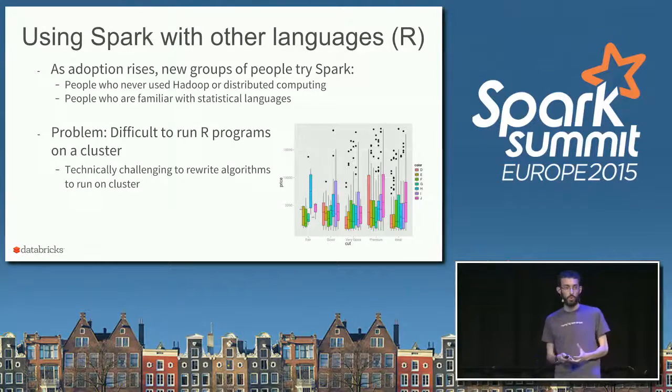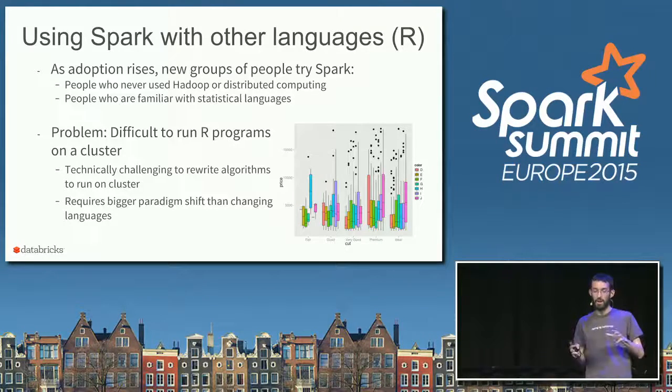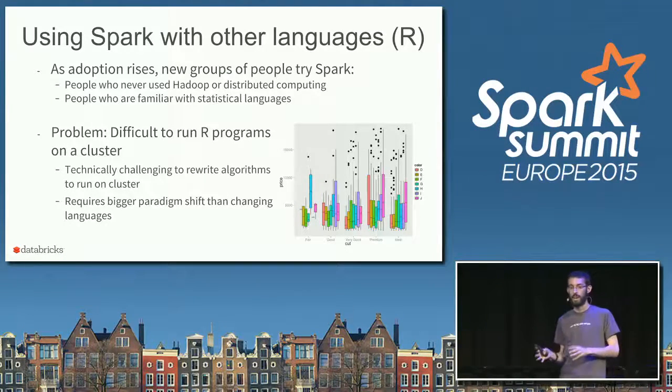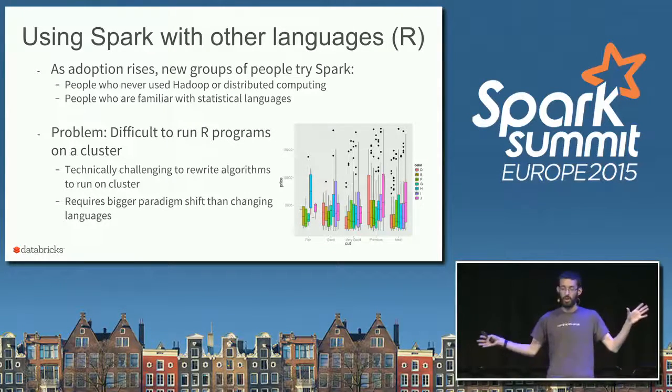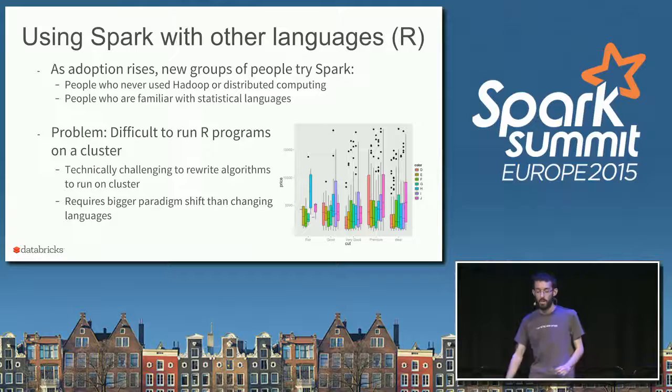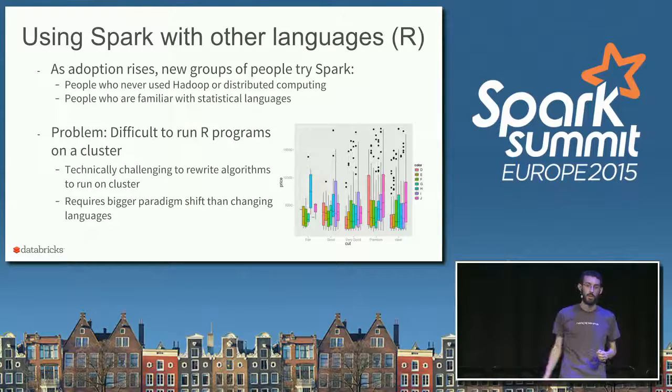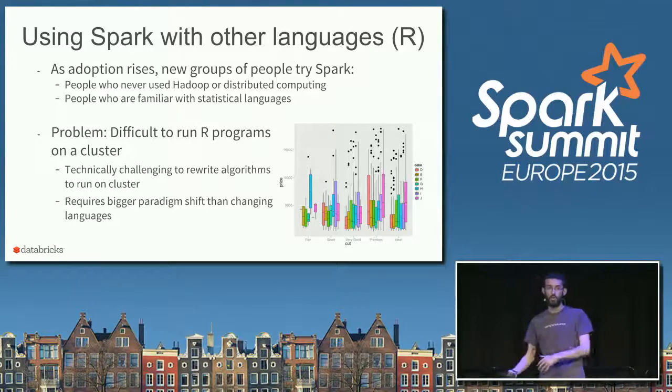And if you wanted to take an algorithm and distribute it yourself, the paradigm shift it takes to go from a single node algorithm to a multi-node algorithm is significantly larger than the shift it takes to change between languages. So the idea is that you might as well use Java or Python if you can represent the algorithm more simply than by keeping with R.